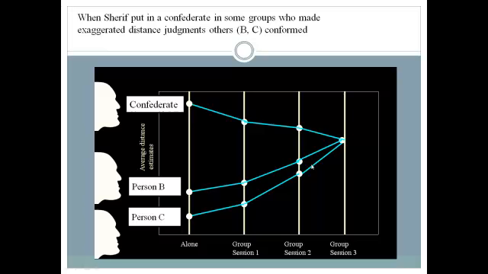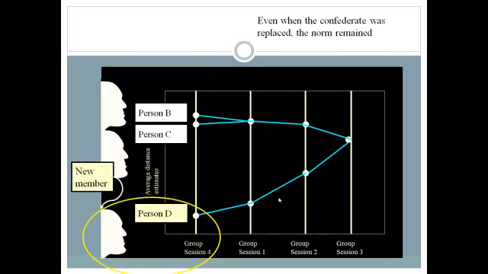So the confederate gives a slightly less exaggerated estimate, and eventually the real subjects converge. So they form an estimate that's actually closer to the exaggerated one. And again, this is norm development. Bring in a new person, and guess what? The new person and new subjects, even when the confederate is gone, the norm stayed the same.